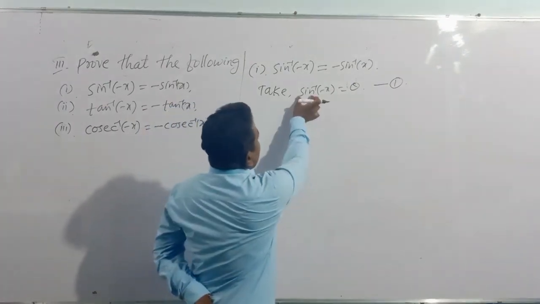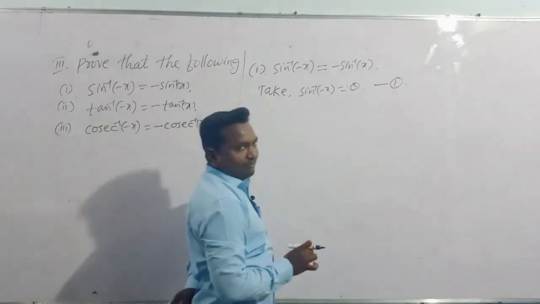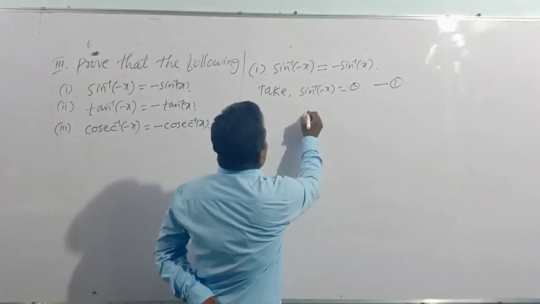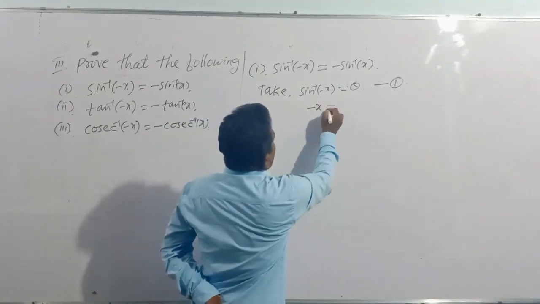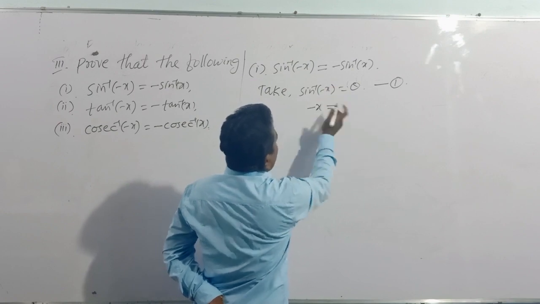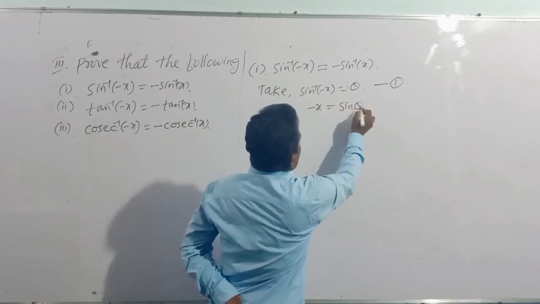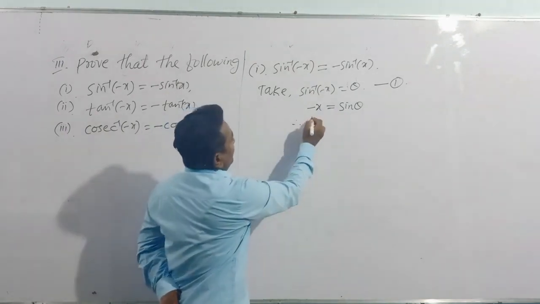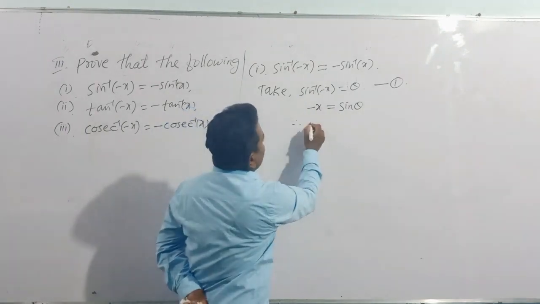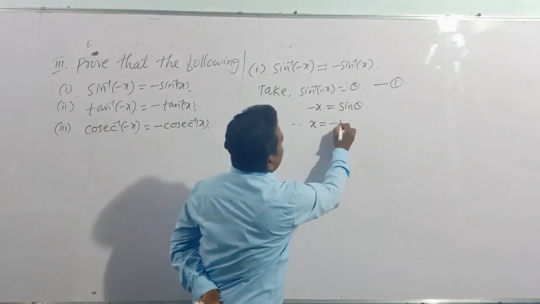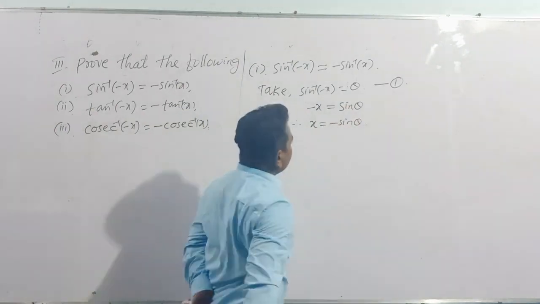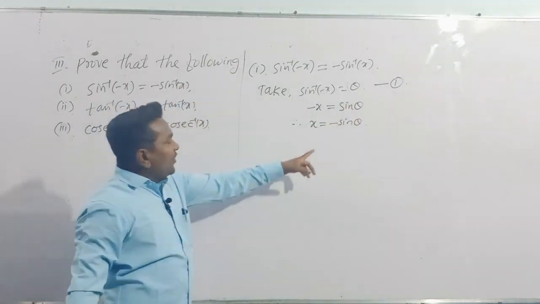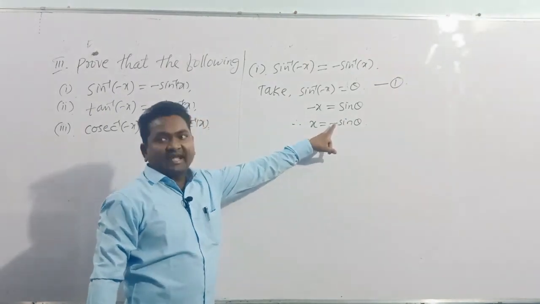Again, this sin inverse moves to the right-hand side. Minus x, keep as it is, equals sin theta. Therefore, minus x equals sin theta means x equals minus sin theta. Here the outside minus is there, meaning negative.